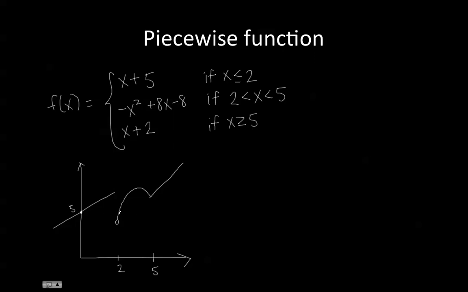So for this function over here, we can examine it and find some limits. So the limit as x approaches 2 from the negative side of this function f of x, it approaches this number over here, which is 8.